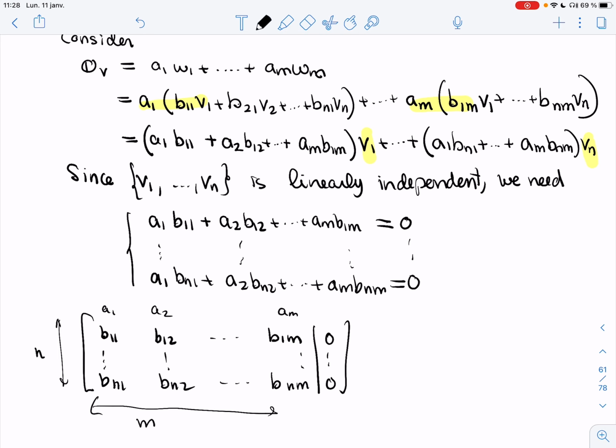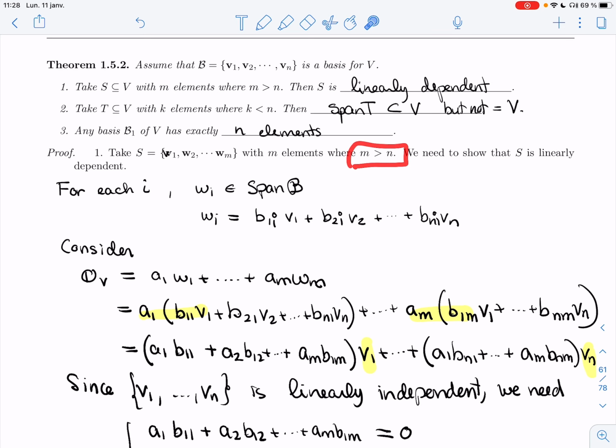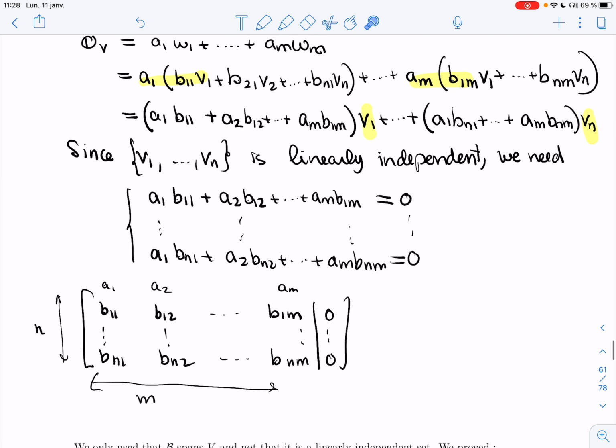At this point, we're going to use the fact that m is bigger than n. So as m is bigger than n, the system has a free variable, at least one.